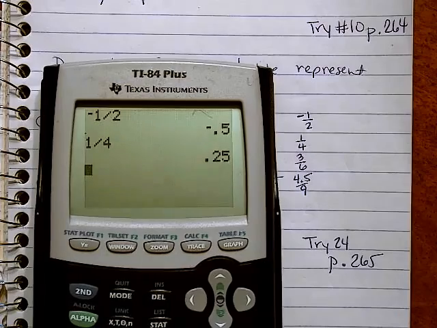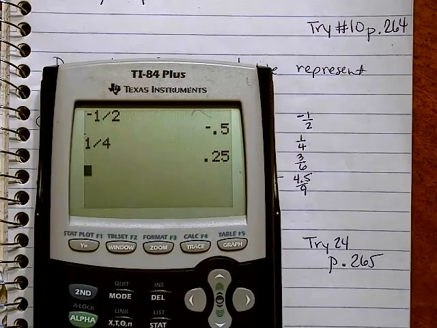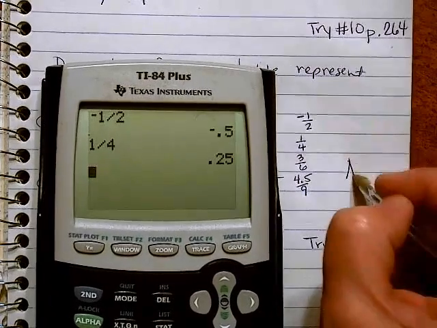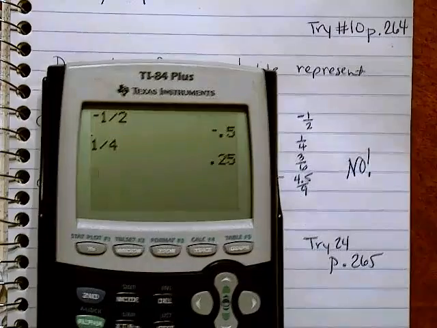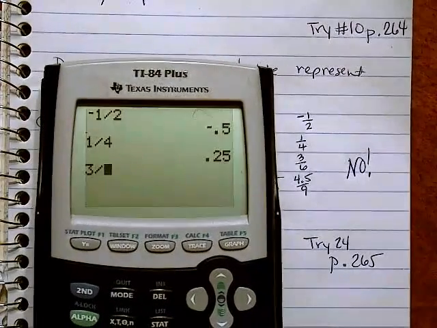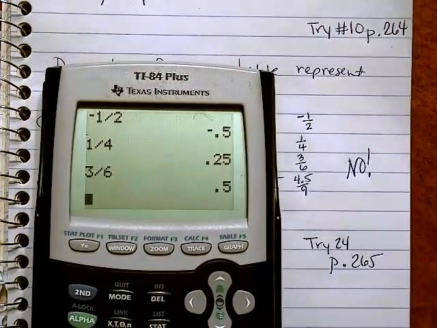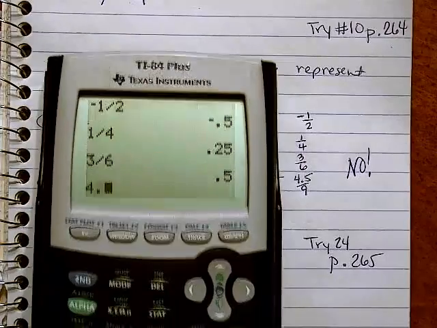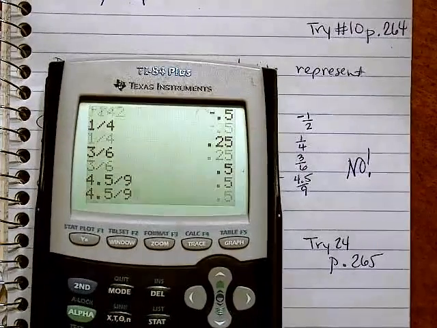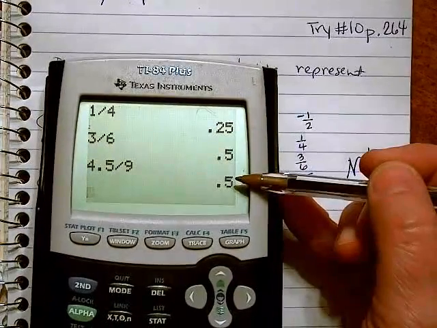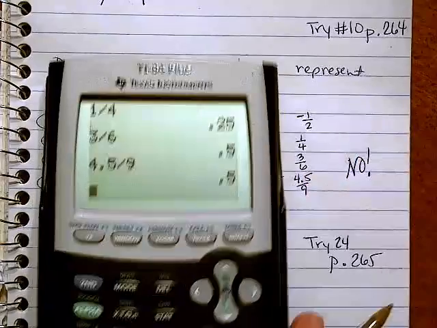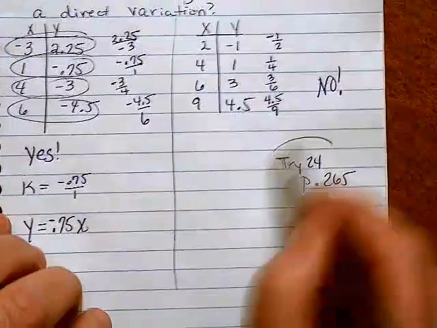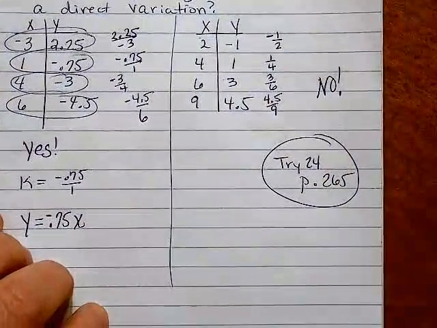We already know this is not a direct variation because those two didn't match. You can go ahead and write no because you know it's not going to work. But let's go ahead and look. 3 over 6 is 0.5 and 4.5 over 9 is 0.5. So those two matched, but that's not enough for us to say it's a direct variation. So I want you to try number 24 on page 266.